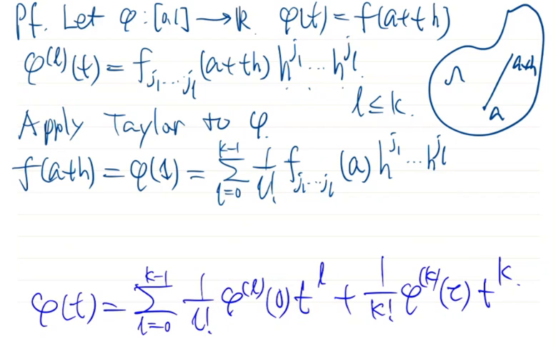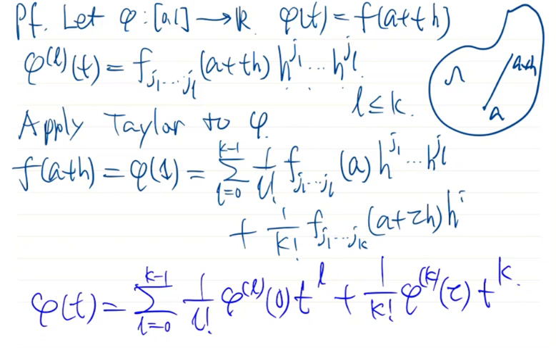And also the last term is plus phi k tau, that is f j1 jk at a plus tau h, times h j1 up to h jk.